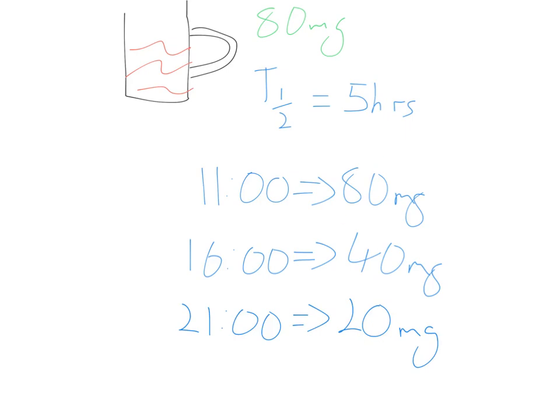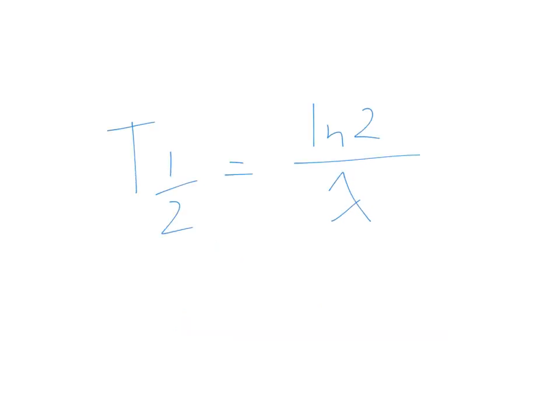So we can see how this would cause problems if people started having caffeine later on in the day, like 2, 3, 4 p.m. And then they'd have really substantial amounts left in their body when they're trying to get to bed. And what's really important to take away from this screen is T 1/2 is the symbol that we're going to use for half-life.